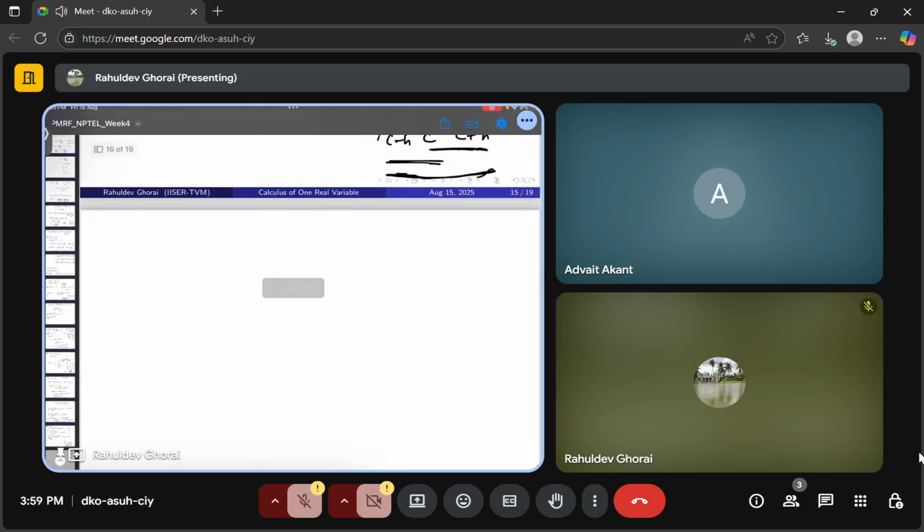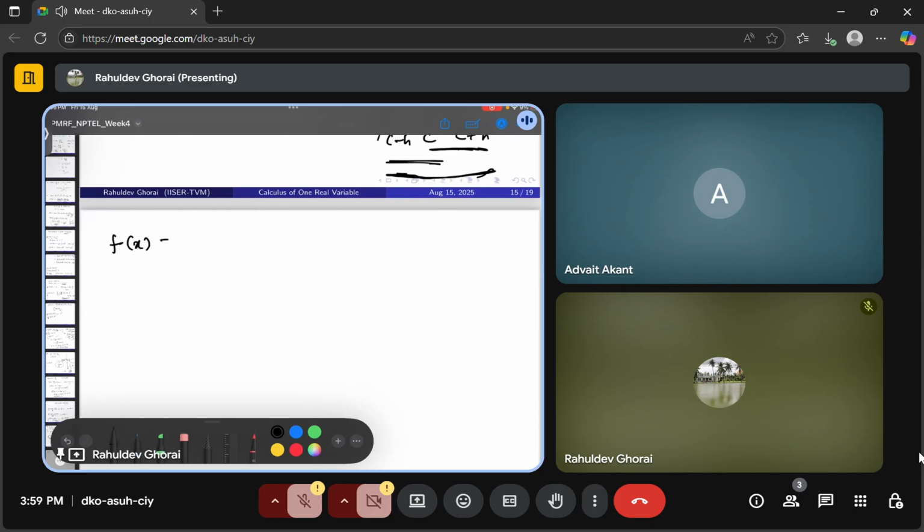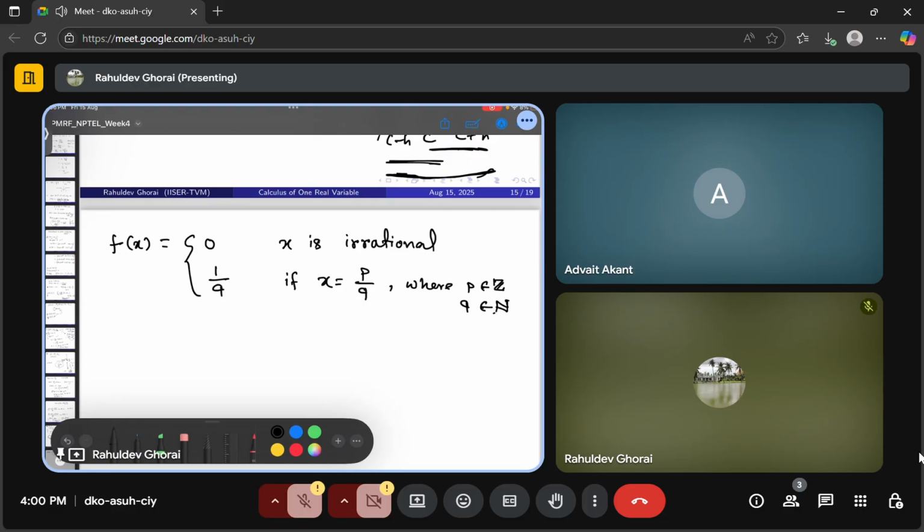Okay. Let's say you have f(x) is equal to 0 if x is irrational, not that Dirichlet function, and 1 over q if x is equal to p over q, something called the Thomae function, where p belongs to Z, q belongs to N, gcd of p and q is equal to 1.